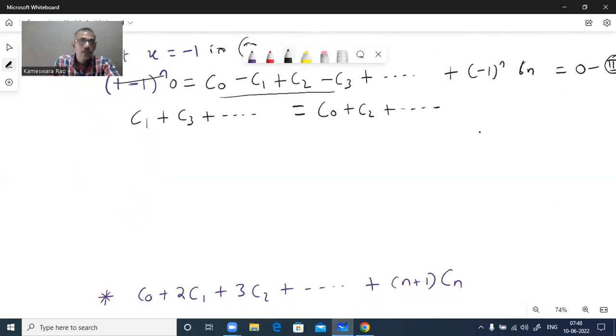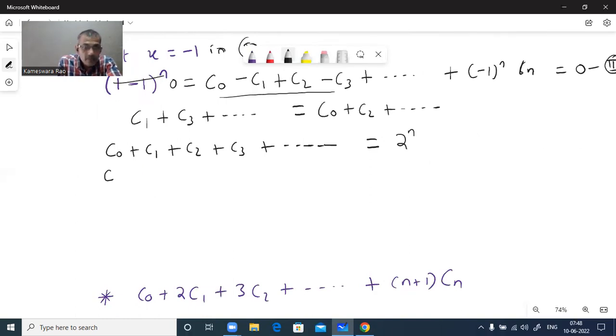In Roman 2, I found the sum of the binomial coefficients C0, C1, C2, C3 and so on as 2^n. And when I put x equal to minus 1, I got C0 minus C1 plus C2, alternately plus and minus, minus C3 plus and so on. The sum of this series I got as 0.